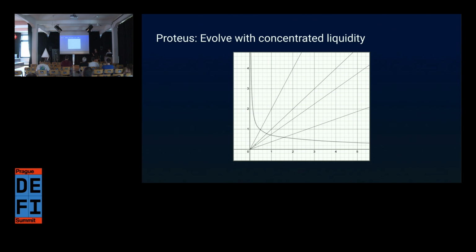Okay, so what about things like Balancer's liquidity bootstrapping pools? Don't they accomplish the same thing? The big difference is that with Proteus, you can evolve with concentrated liquidity. LBPs are liquidity bootstrapping pools. They're super cool, and the first example of using an evolving AMM as a Dutch auction.